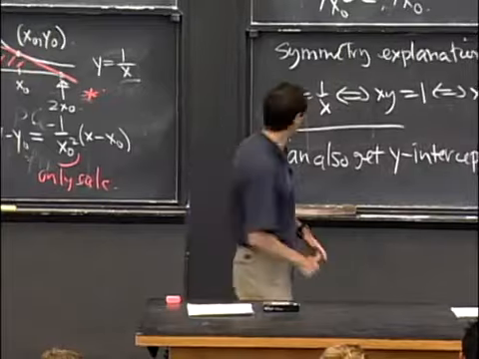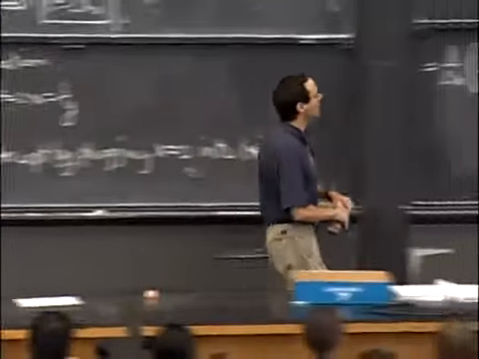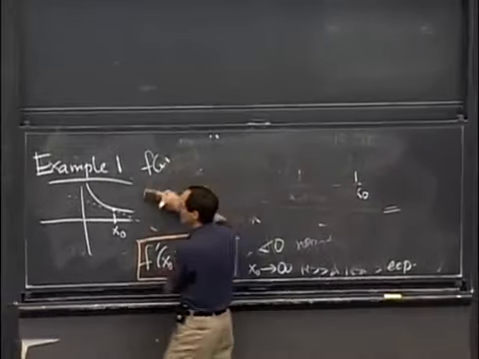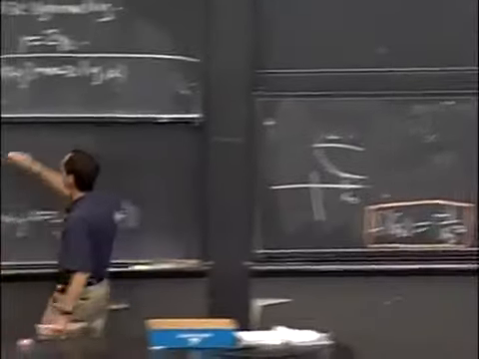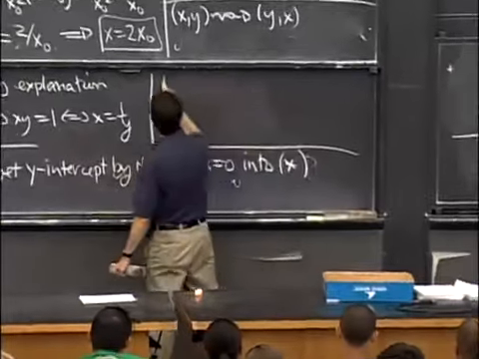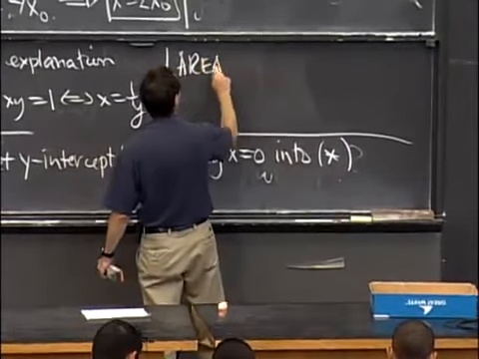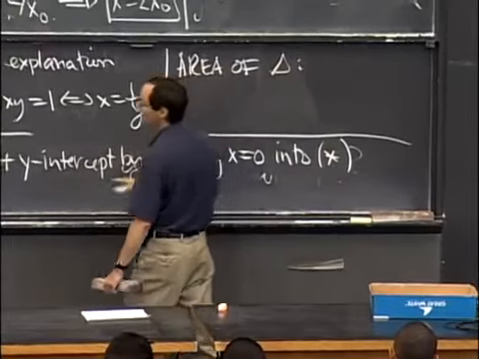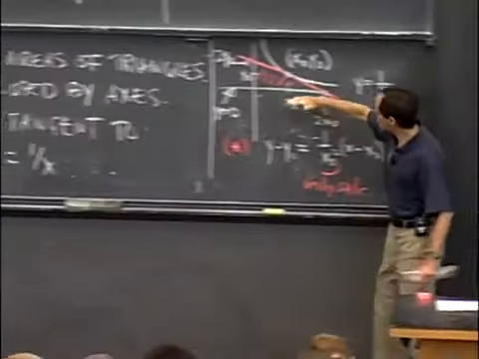All right. So now let's finish off the problem. Let me finally get this area here. So the area of the triangle is, well, it's the base times the height. The base is 2x0, the height is 2y0, and a half of that.